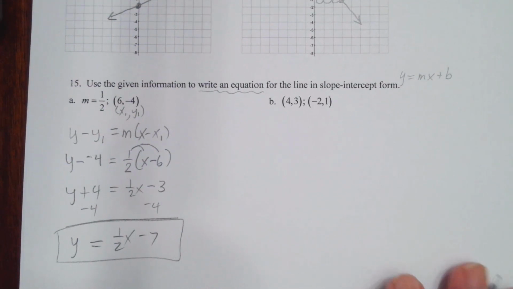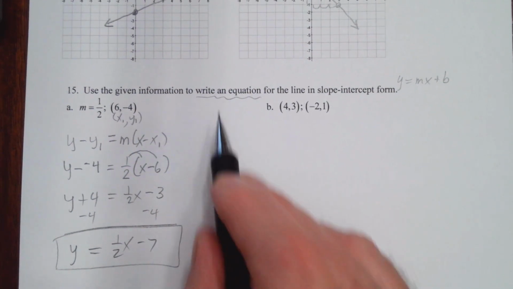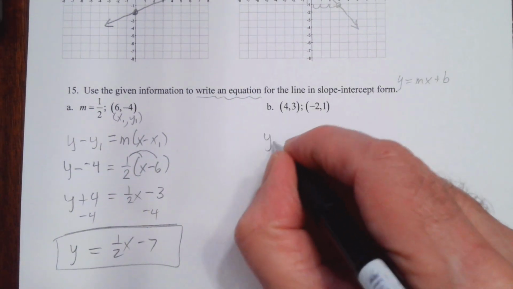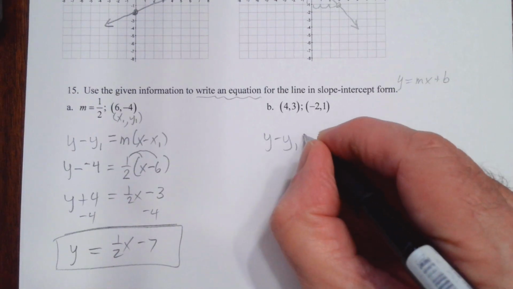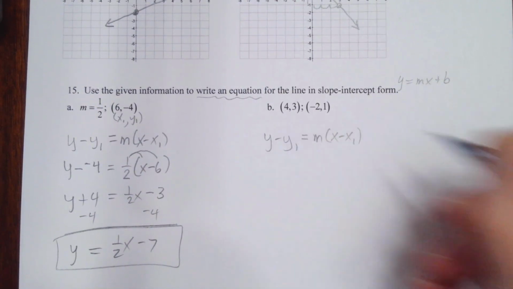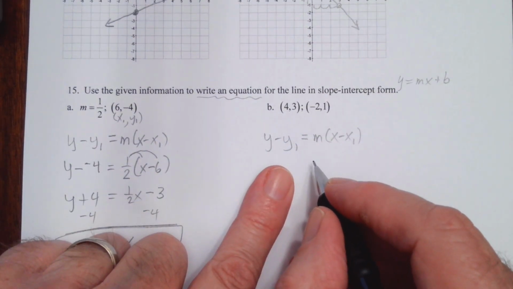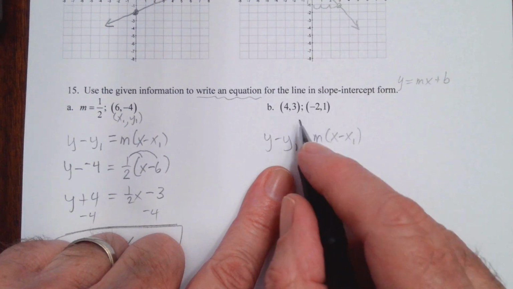Now on part B, this time I'm given 2 points. Now I've got to write an equation, so again I need this formula, the y minus y1 equals m times x minus x1. The only problem is this is called point slope form. We've got 2 points, so we're okay.